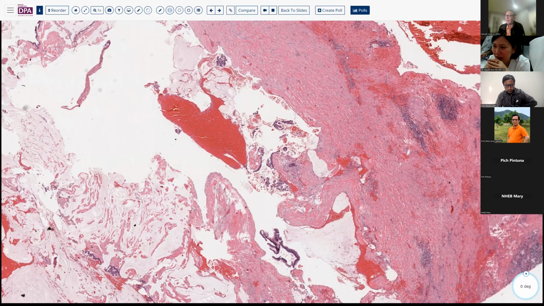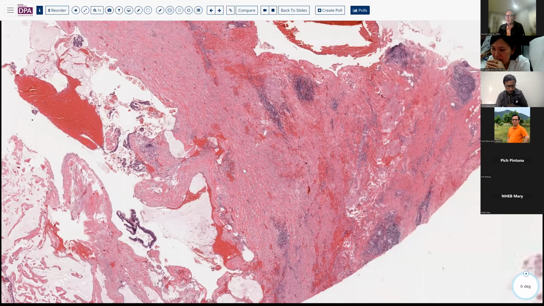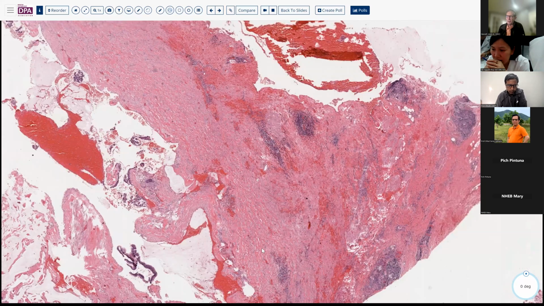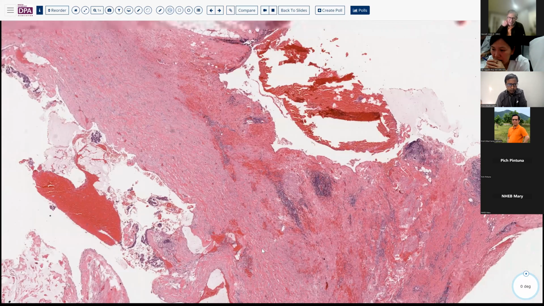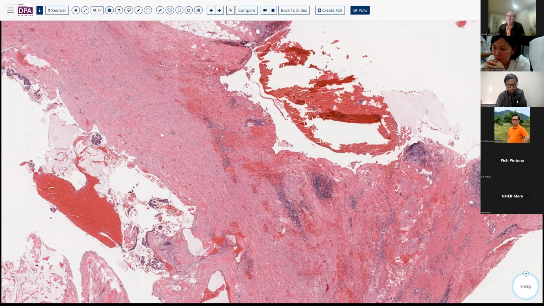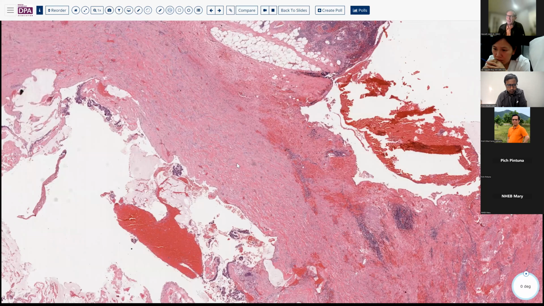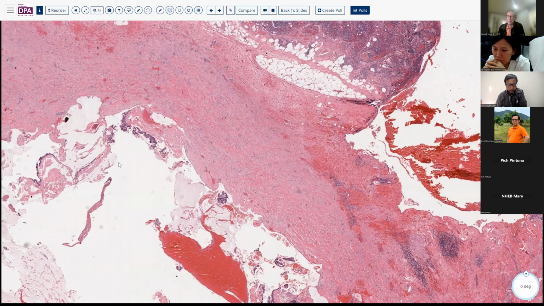In the excision of main duct IPMN at our institution, they will often ask us to freeze the distal margin of the main pancreatic duct to see not if we have IPMN present, because usually this will occupy the entire main duct, but to see if we have high-grade dysplasia or invasive carcinoma at that site.